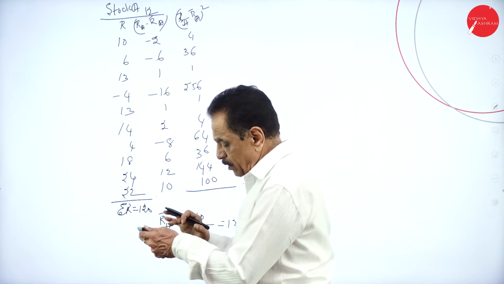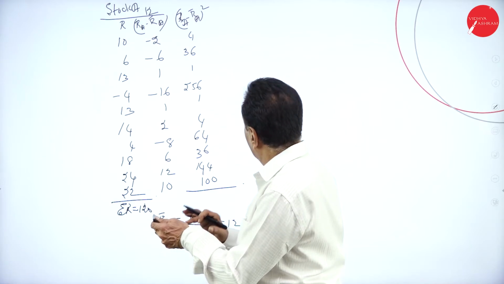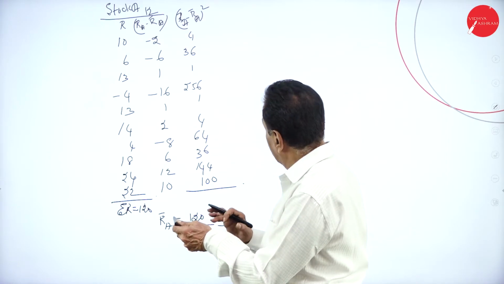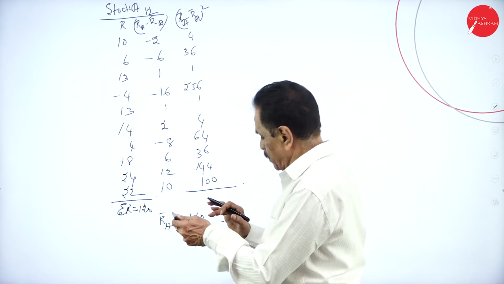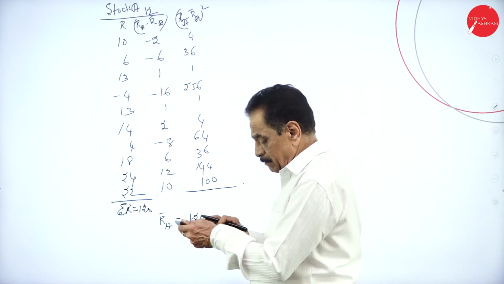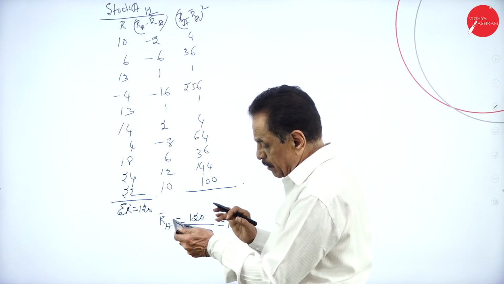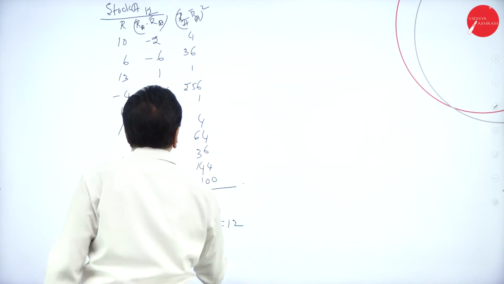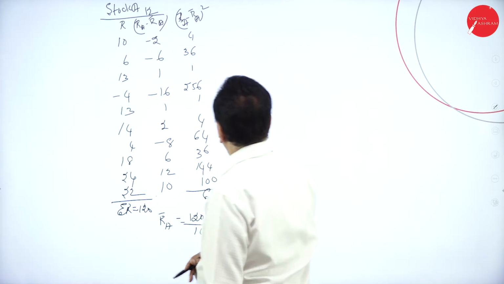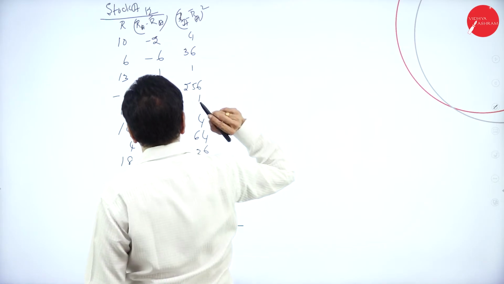So 4 plus 36 plus 1 plus 256 plus 1 plus 4 plus 64 plus 36 plus 144 plus 100 is 646. So this is R A minus R mean, whole square.